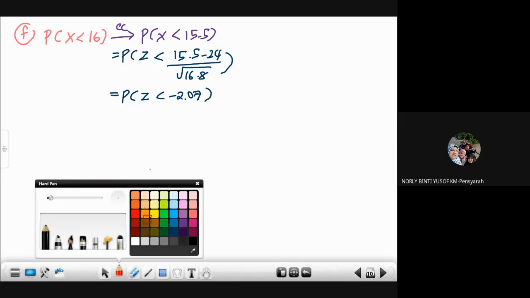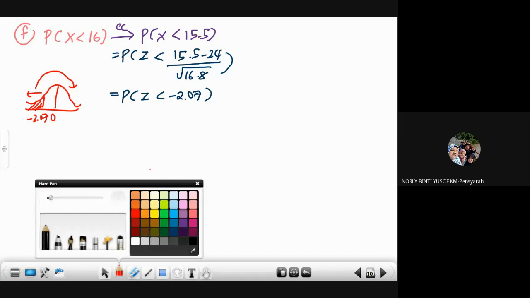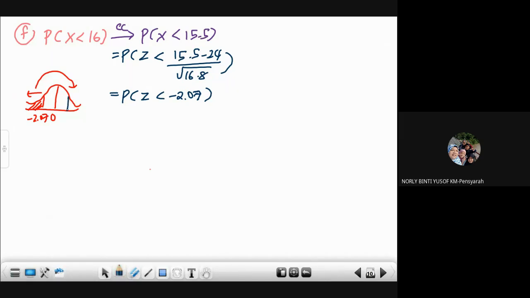Okay, so you draw the normal shape. You akan dapat to the left tail because of the negative Z. To the left, so sini dia akan symmetrical dengan Z yang positif. Sebab nak baca table kan. So 2.07. So dia akan samalah dengan Z greater than 2.07.